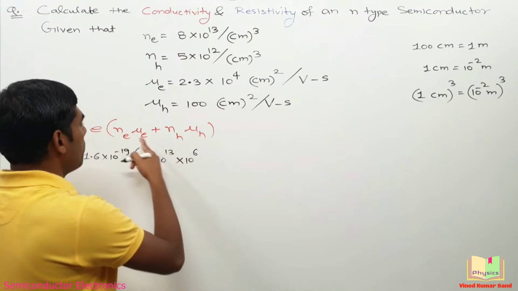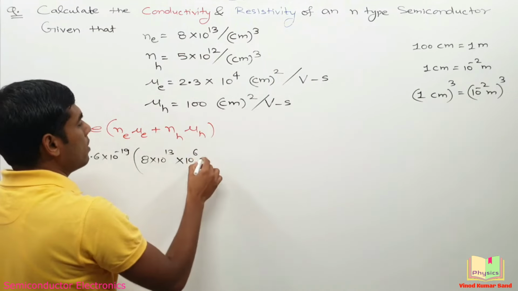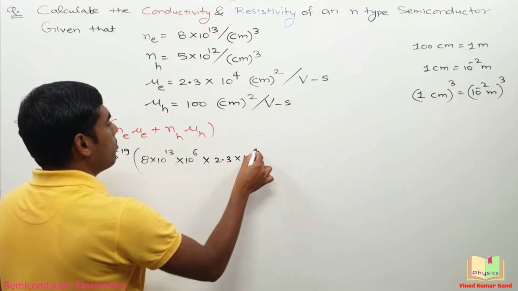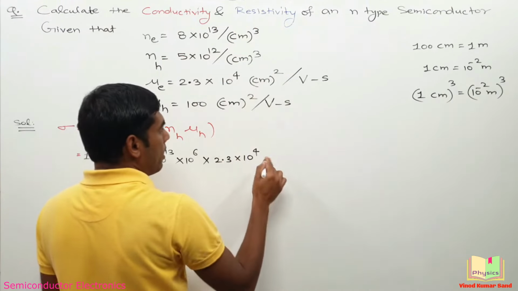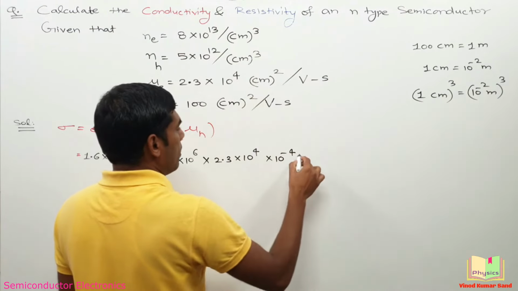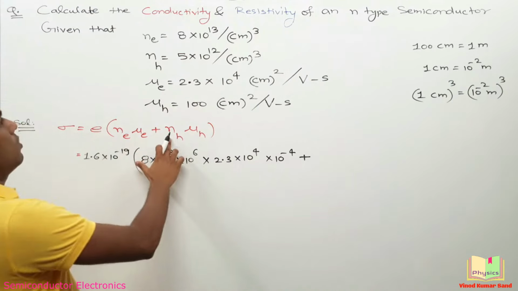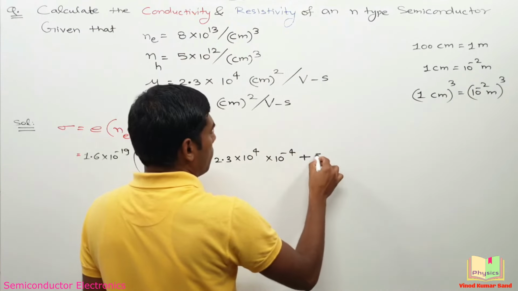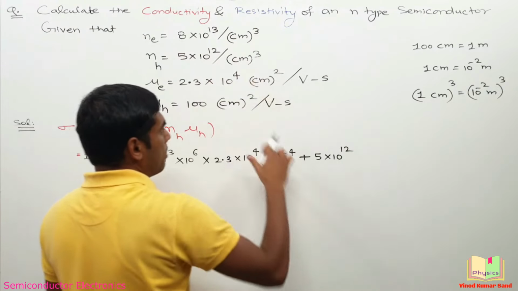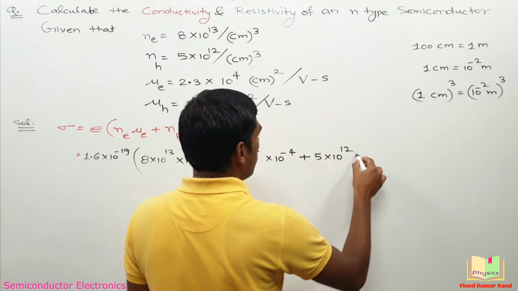Next, mu E. Mu E is 2.3 into 10 to power 4 centimeter square, means 10 to power minus 4 meter square, plus NH. NH is 5 into 10 to power 12, and per centimeter cube we will convert to per meter cube.